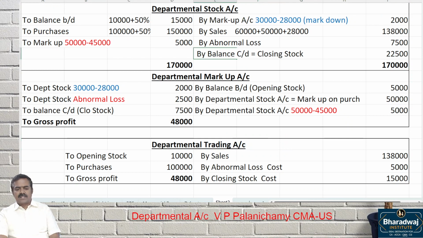Now in the question, an extra complication can be that in the closing stock certain items are marked down, like that they may give you. In the closing stock certain items are marked down. How to do it? Simple. To mark down, here you will record markdown, that's all.